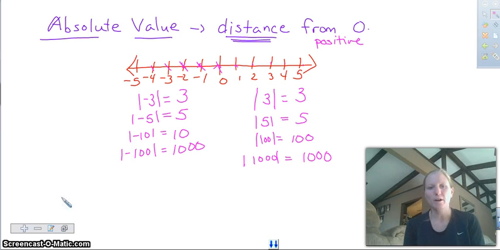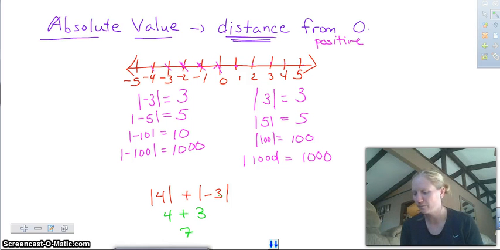Now, what if I put 2 absolute values together? The absolute value of 4 plus the absolute value of -3. So first you're going to take the absolute value. The absolute value of 4 is 4 plus the absolute value of -3 is 3. And 4 plus 3 is 7.